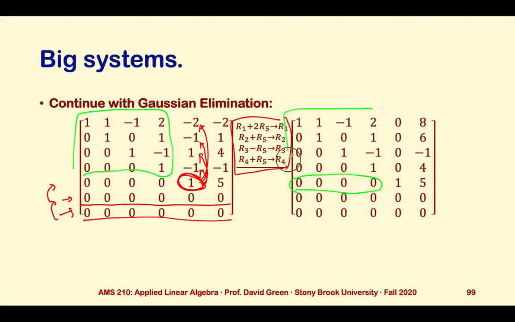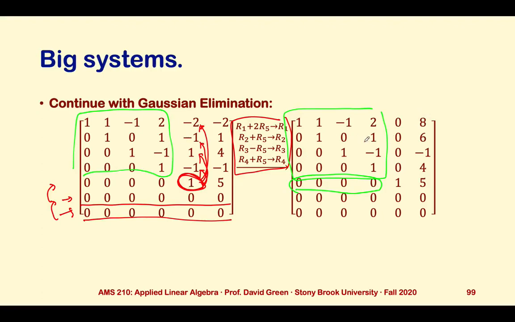So this block of numbers remains completely unchanged. The only thing we worry about is these last 2 columns. So for the first, -2 plus 2 is 0. -2 plus 10 is 8.